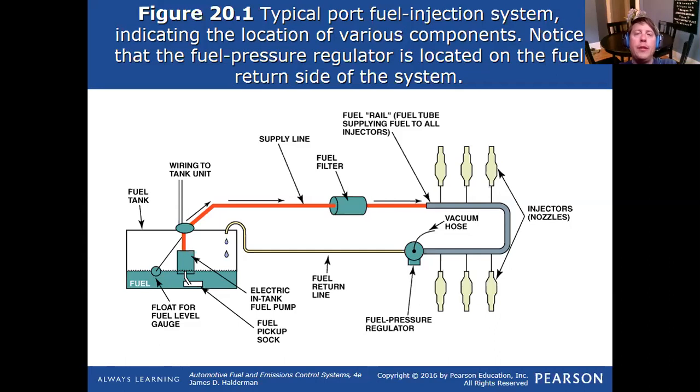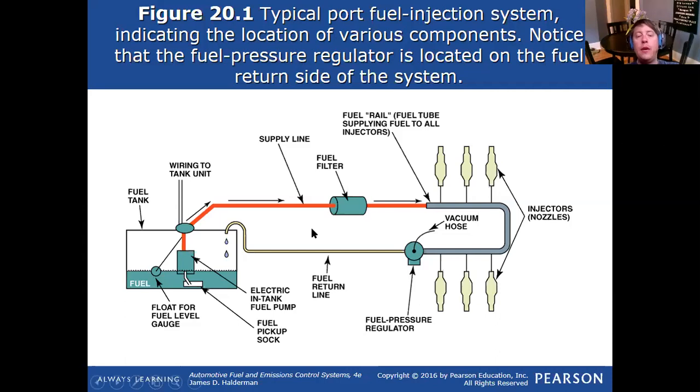And so the engine has a push rod that's kind of like a push rod you'd see on a valve train, but it comes out maybe the side of the block. And that push rod operates off the cam, and it pushes on a diaphragm, a little tiny mechanical pump.